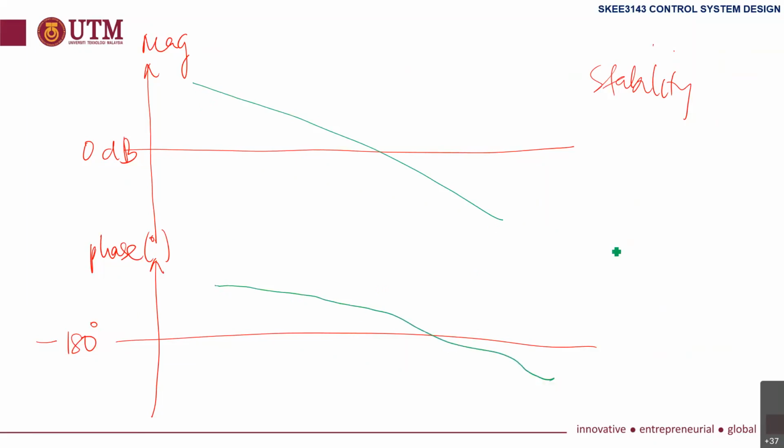So if I have this system, a Bode plot of a system here, is this stable? Is the system stable? I call it system A. Is system A stable?